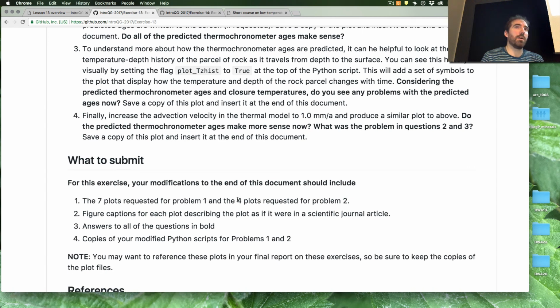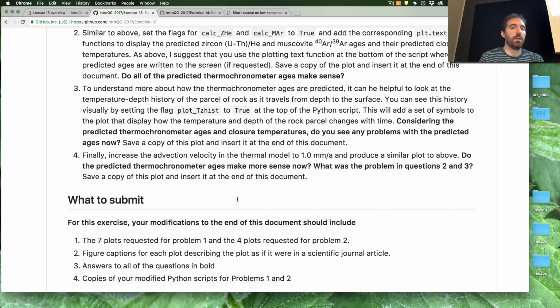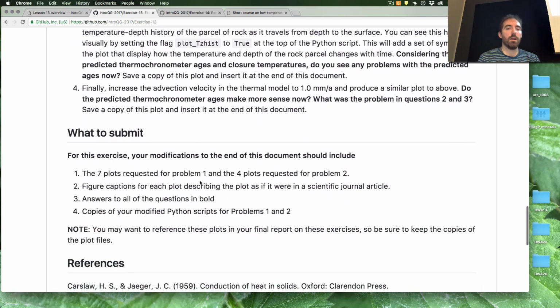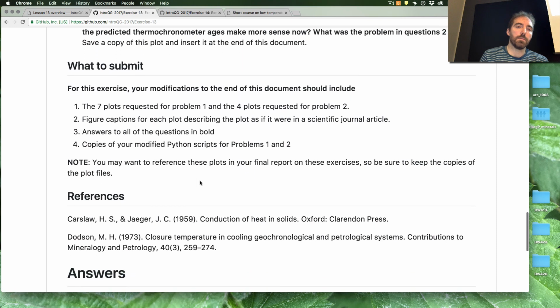You make a lot of plots, but you don't really need to do that much work to make the plots. Part of the reason why I want you to make a lot of plots for the exercise this week is that you can put them into the final report, and so it's nice to have a bunch of them to choose from, so you can pick the ones that you think are most relevant for what you end up saying in the final project report.